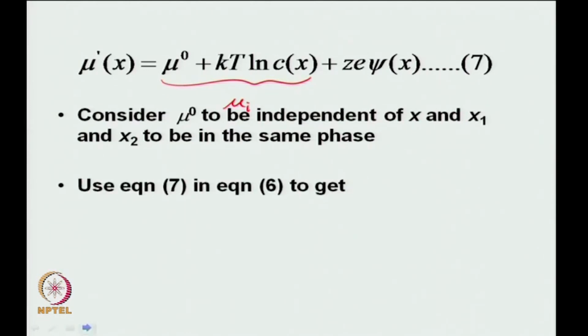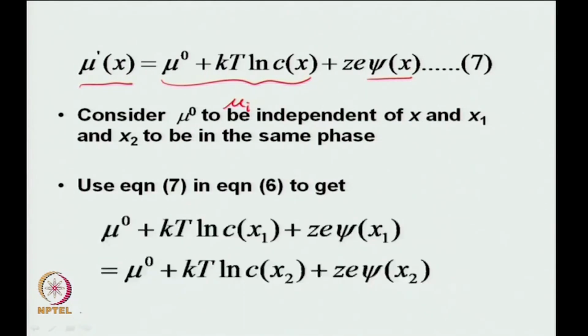You use this equation in equation 6, that means you use equation 7 and equation 6. Equation 6 was where you had said that the electrochemical potentials were equal, that was the previous equation, that was mu prime at x1 equal to mu prime at x2. Then what will happen? Here you can write mu prime x1, you can also write mu prime x2. If it is mu prime x1, then this would be ln C x1 and it would be psi x1, same for x2.